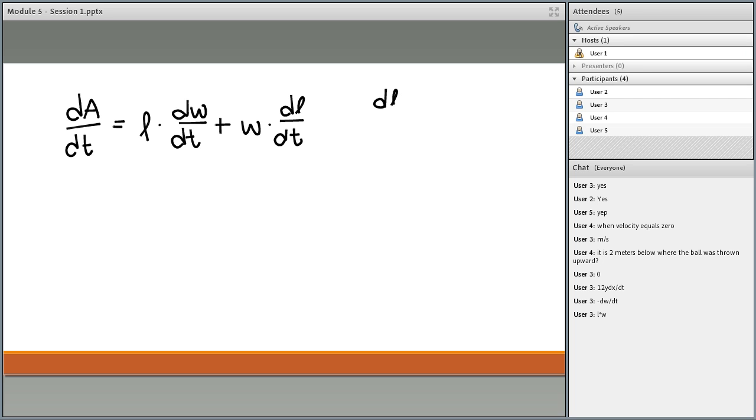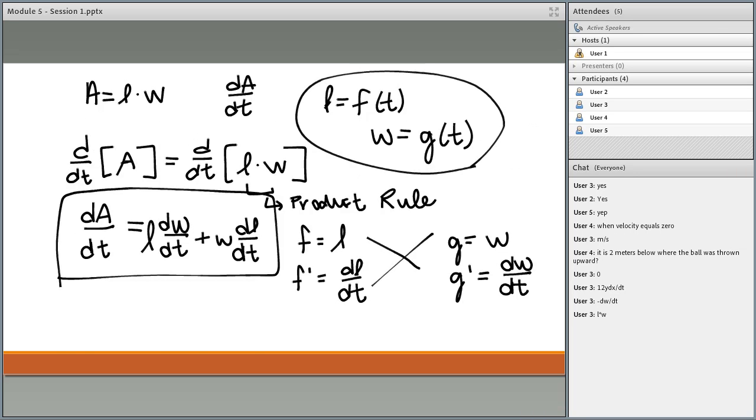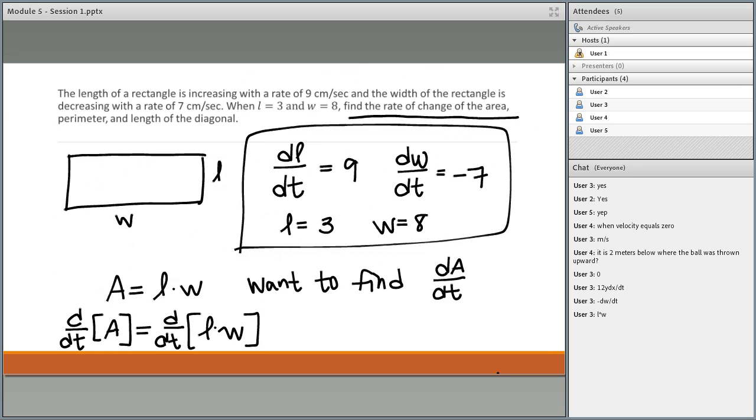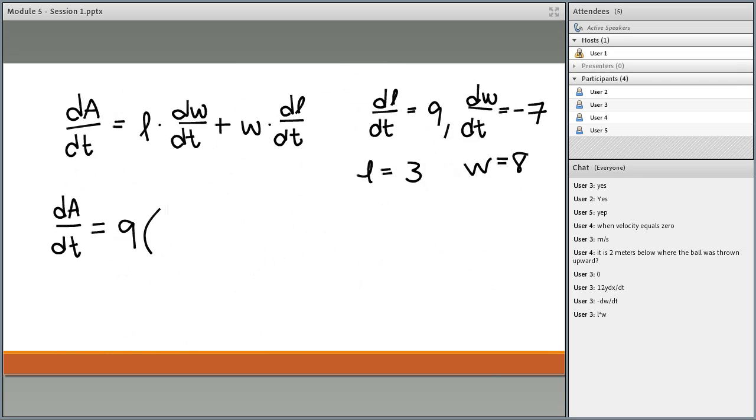And we were given dL/dt, just rewriting all of the info that we were given. dW/dt, we were told, is -7 because it's decreasing. And the length and the width at this point were 3 and 8. So I can plug all of these values in. Sorry, I just wanted to make sure I didn't copy anything down wrong.